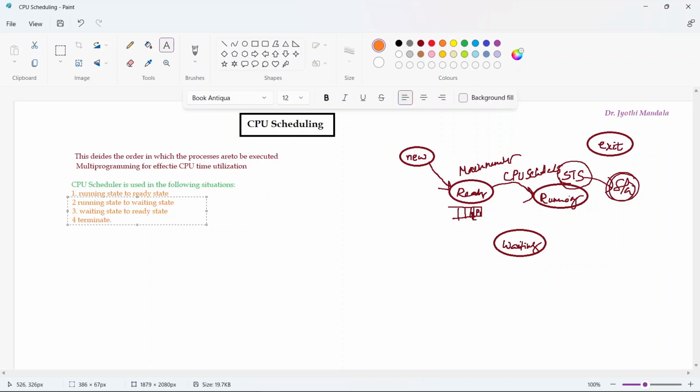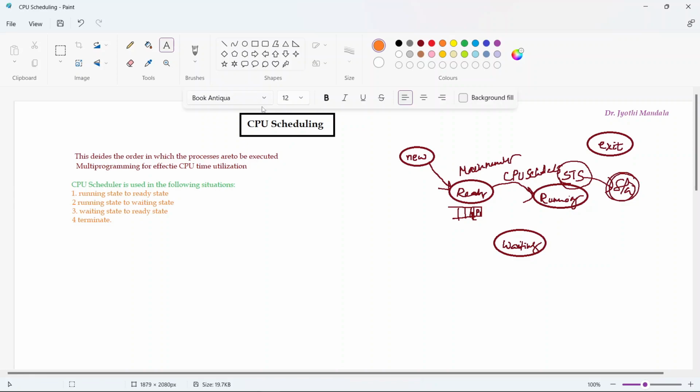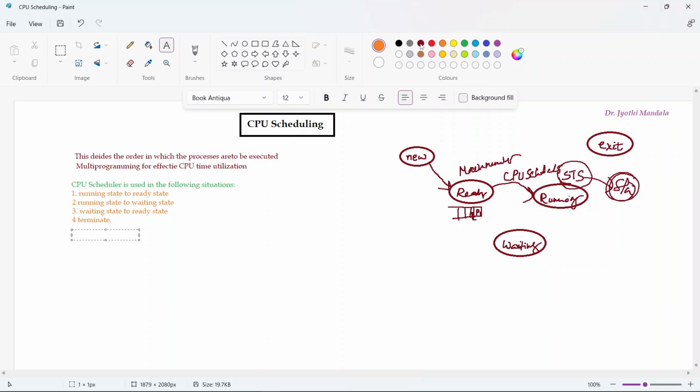So these are the four situations in which the CPU scheduler can be used. Considering these four situations, the CPU scheduling algorithms are categorized mainly into two types. So note down those two types, all of you.